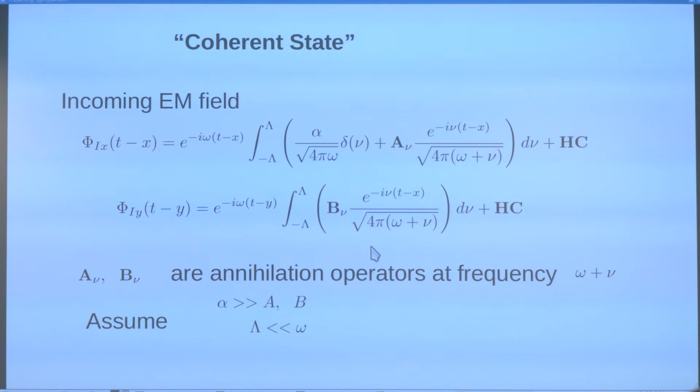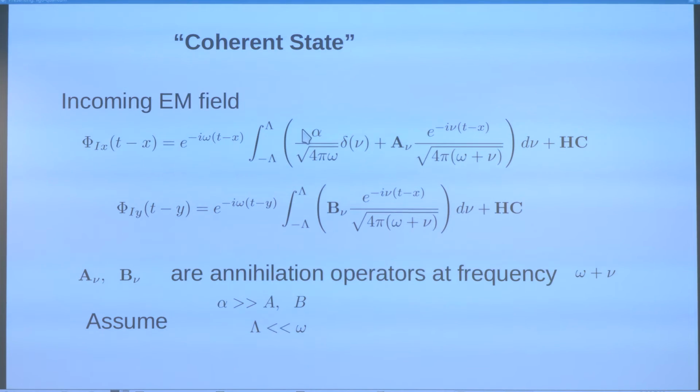The input I'm assuming to be a coherent state. In other words, there's a classical part, which is proportional to alpha, and then these quantum operators, these are the annihilation operators of the electromagnetic field.